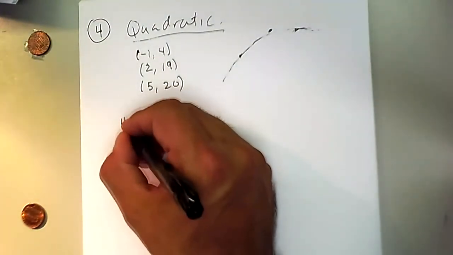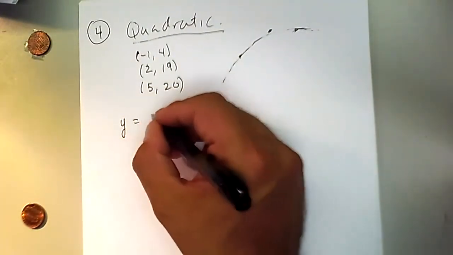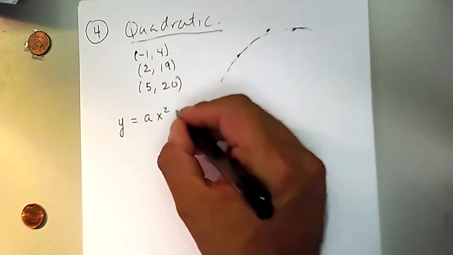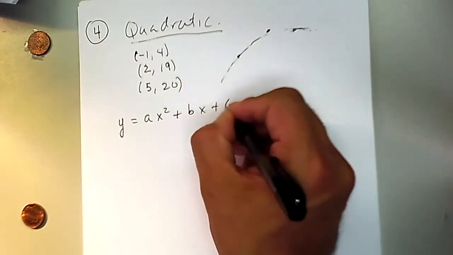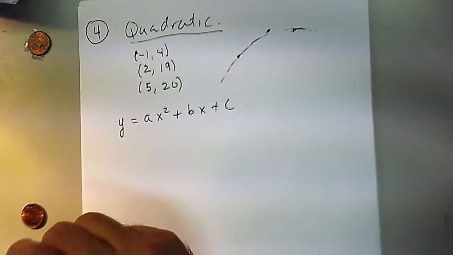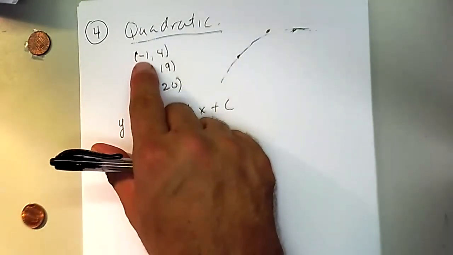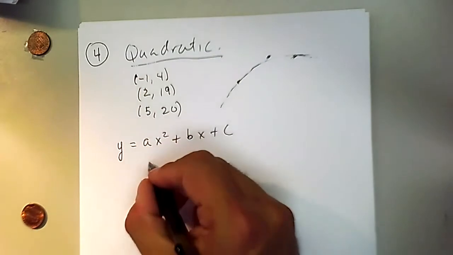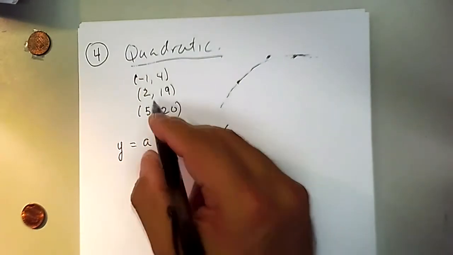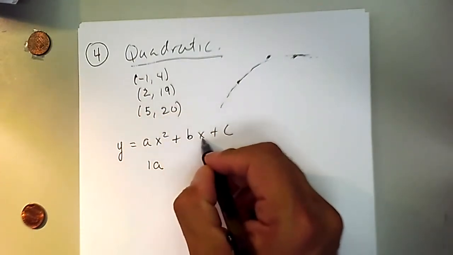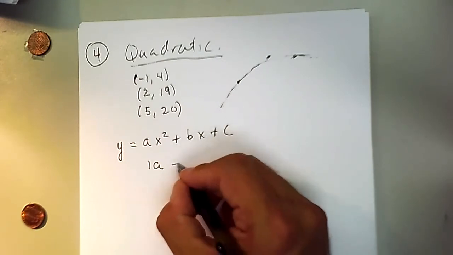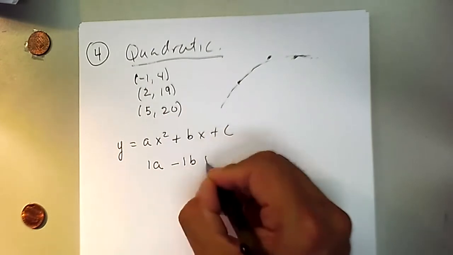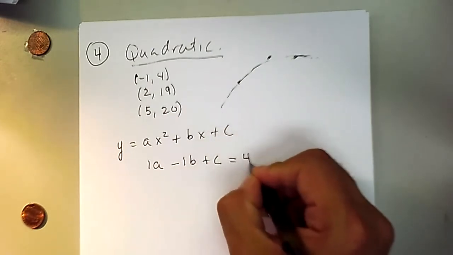So assume y, the parabola, equals ax squared plus bx plus c. We can enter those values for x. For x = -1, -1 squared is 1, so 1a, minus 1b, plus c should be equal to 4.